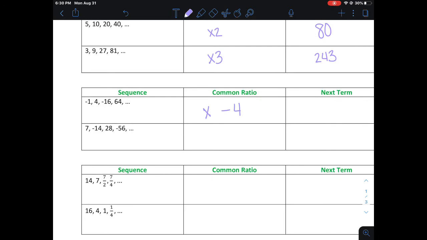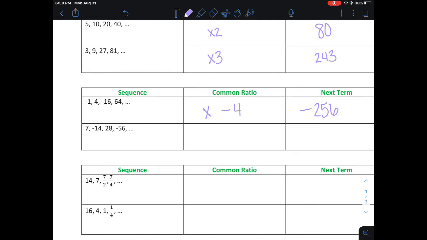And then what will my next term be? Again, you can use your calculator, totally fine. 64 times -4 is -256. So again, ignoring that negative sign, we started at 1, and by the fifth term, we got all the way to 256. Huge jumps just in those 5 terms.